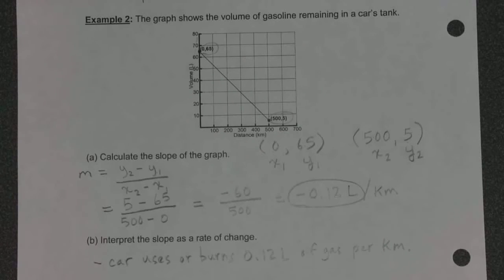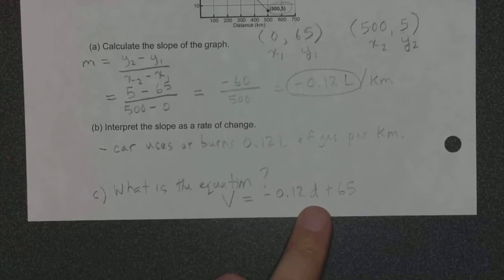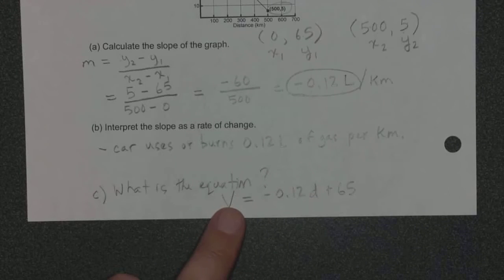Because I can put any number in for D, okay? And I'll figure out how much volume of gas I'm going to be using. So if you're going 500 kilometers or you're going 520 kilometers, I can put 520 in here in brackets and it'll tell me how much volume of gasoline I'm using, okay?